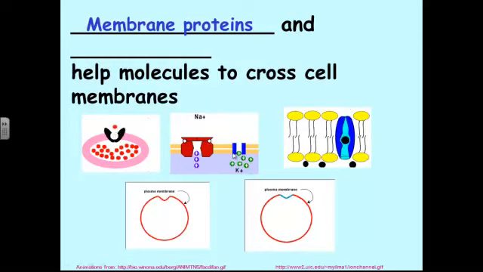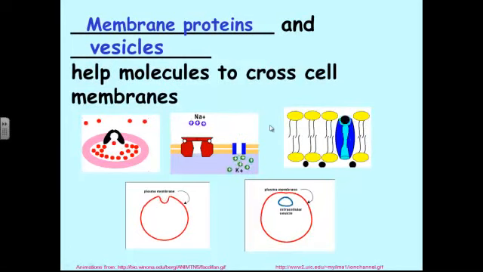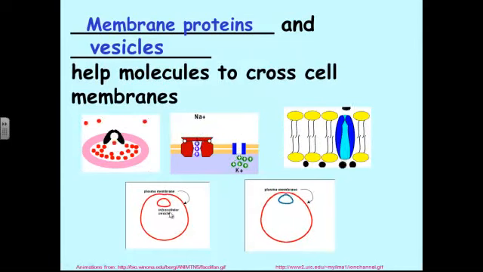Membrane proteins can act as tunnels. They can have little doorways on them. They can be pumpers. Lots of different kinds of membrane proteins act as transporters. And the other way that things can move into or out of cells is through those vesicles. Remember, we talked about little pond critters, how they could reach out with their cell membrane, ooze, kind of engulf and pull in something, put it in a little vesicle.